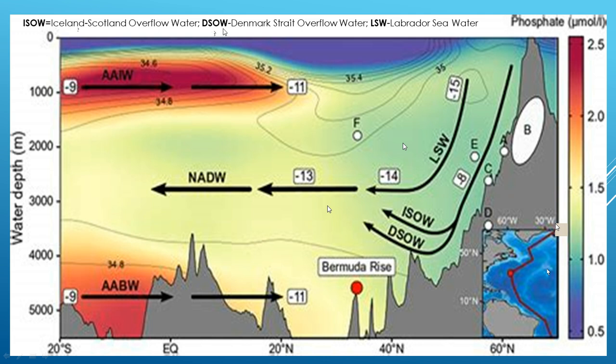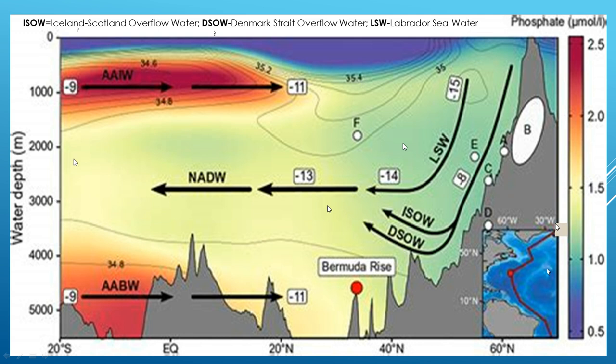And then the DSOW is the Denmark Strait Overflow Water. And as you can see, the DSOW is slightly more dense, so it sinks a little further deeper.